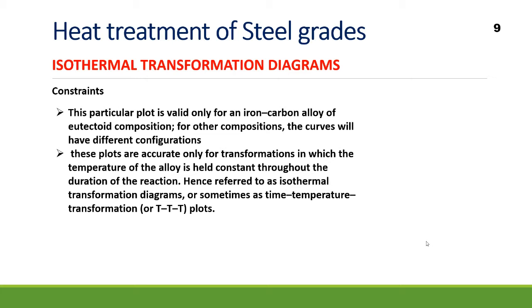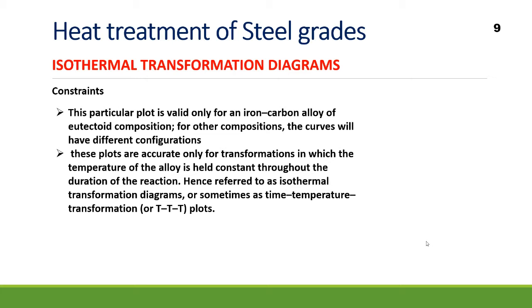Of course, if I consider something else apart from this iron carbon system, or the exact eutectoid point where the austenite is transforming to its byproducts, of course the graph will vary, the curve will change its characteristic.